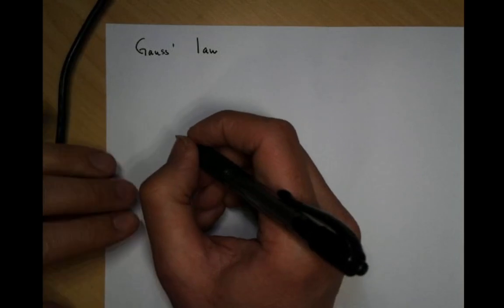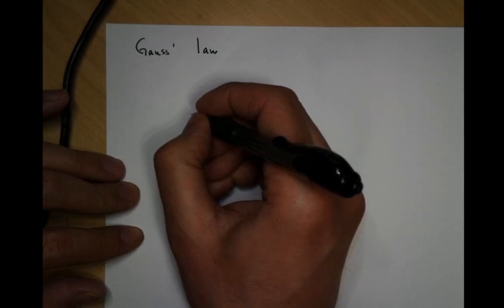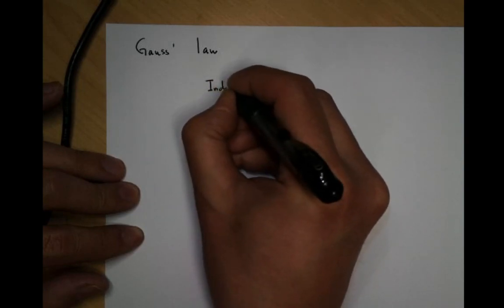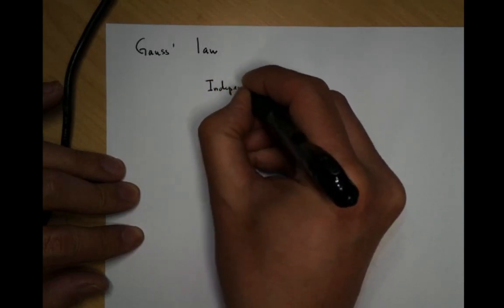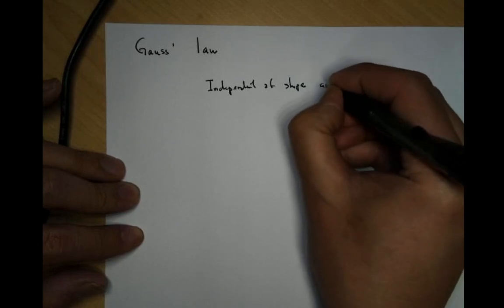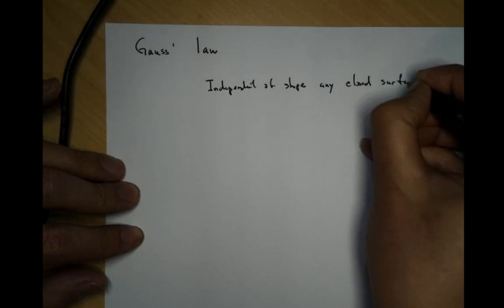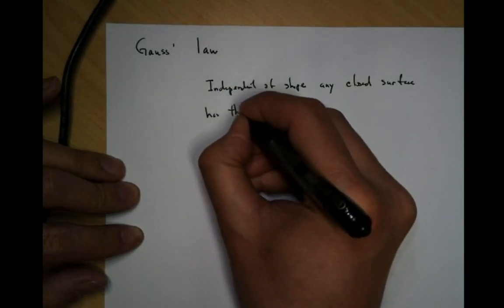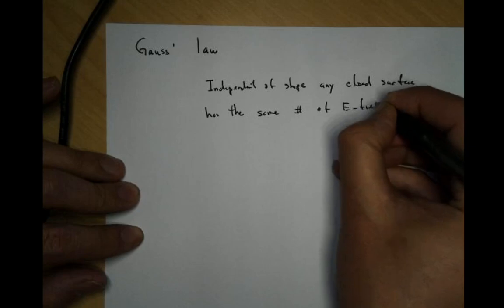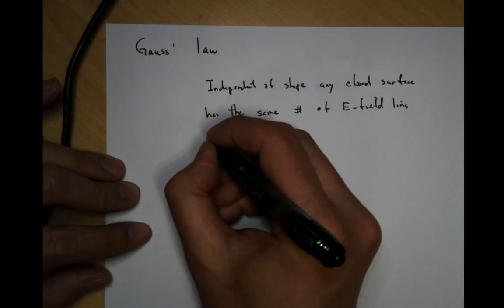The first thing is that, independent of shape, any closed surface has the same number of E field lines that come out of it.